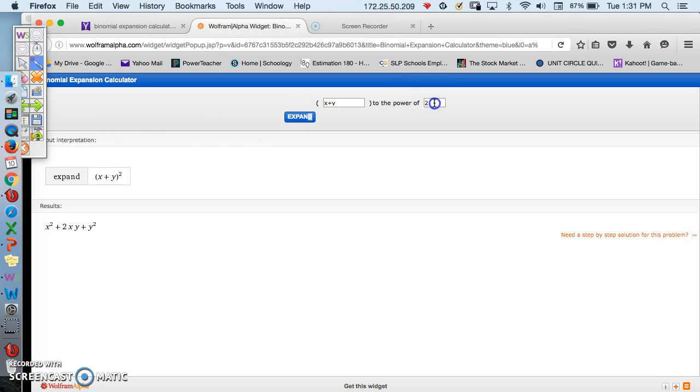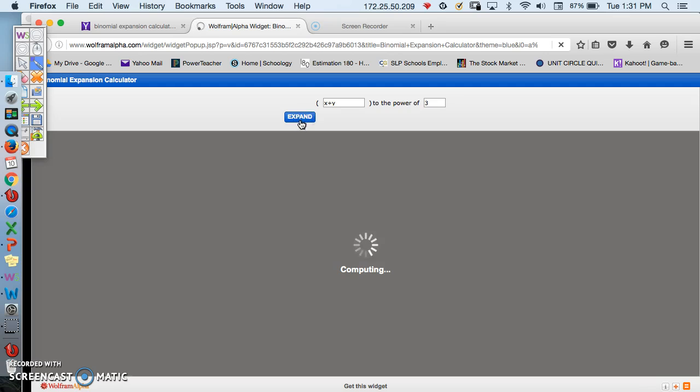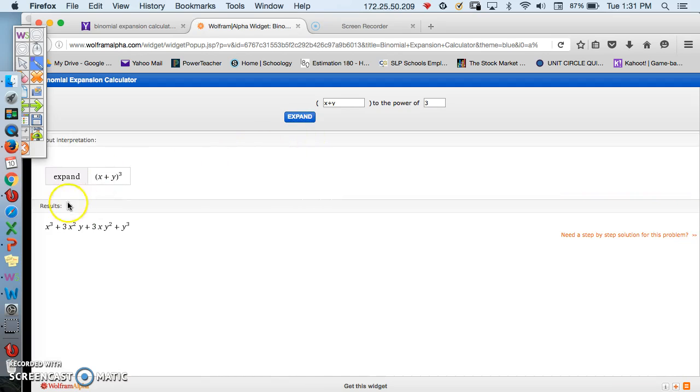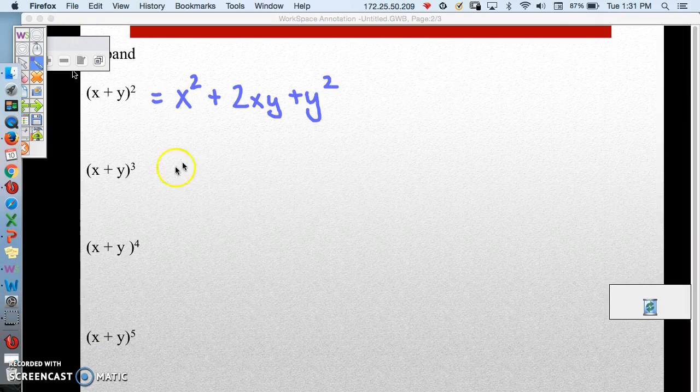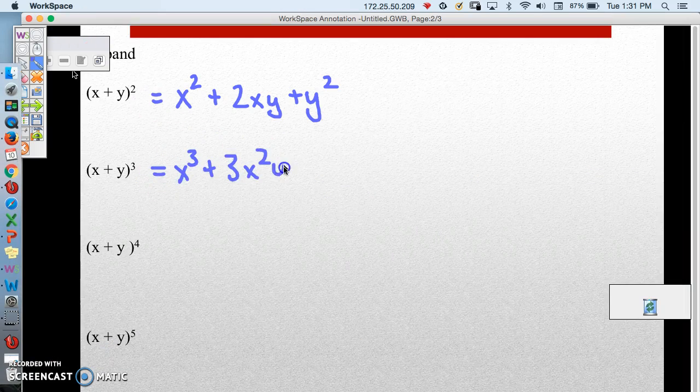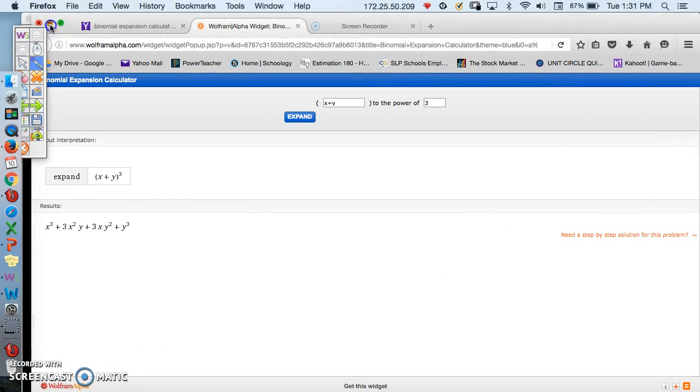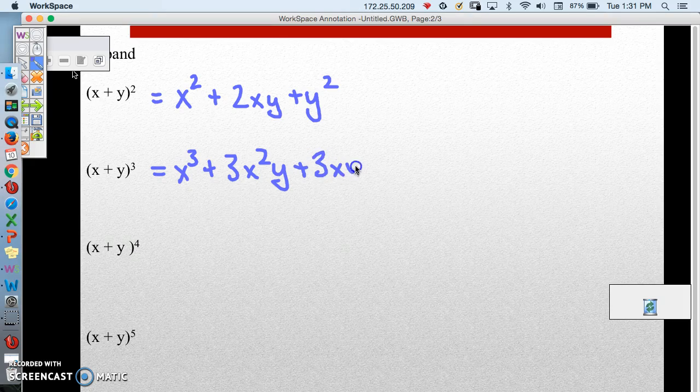And now let's see, to the power of 3, we have x cubed plus 3x squared y plus 3xy squared plus y cubed.